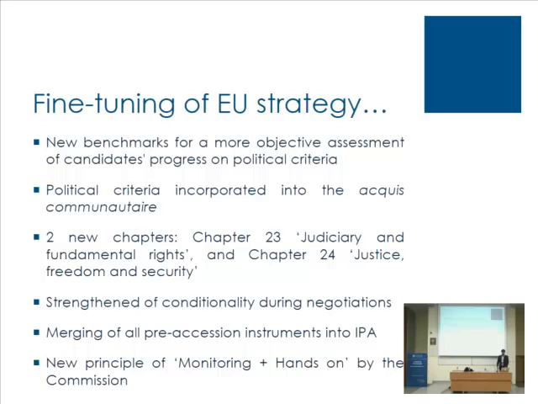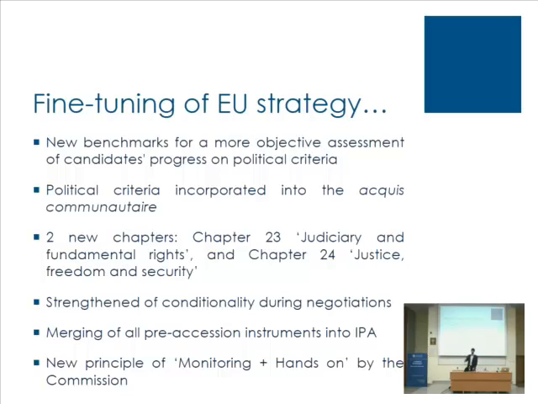And that's why the EU Commission created 2 new chapters of negotiation. You know, during negotiation you have 45 chapters, each chapter for every part of the European Union law.